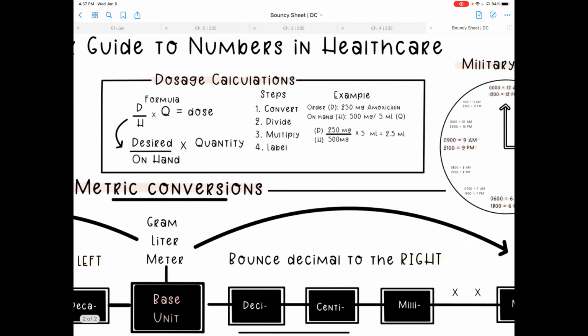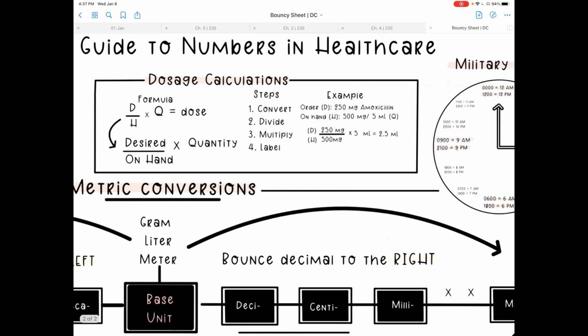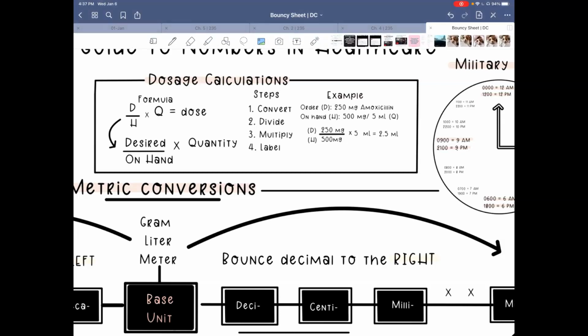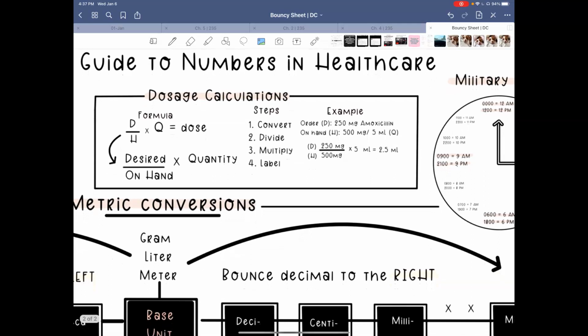We also have the formula for dosage calculation. You have the D over H times Q, as well as the breakdown of that formula: the desired dose, the on hand, and the quantity.